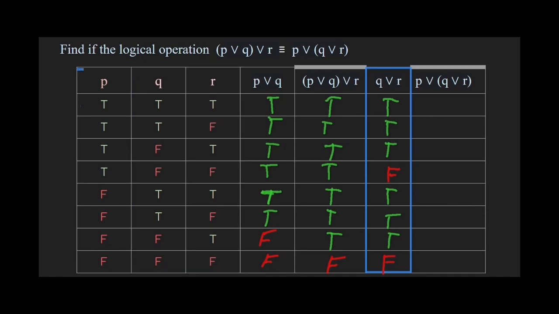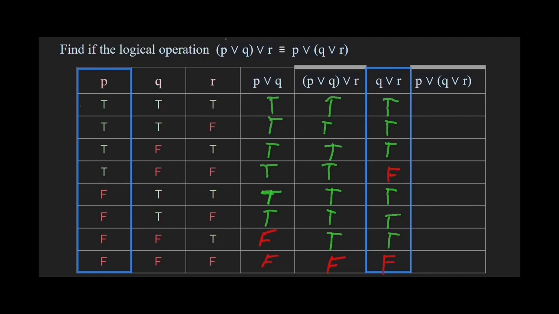So now let's look at the P column and the Q or R column. Those are the truth values that we have to compare for this last logical operation. And if this column turns out to have the same truth values as the left-hand side of the congruency, then they're actually congruent. Otherwise, they're not.